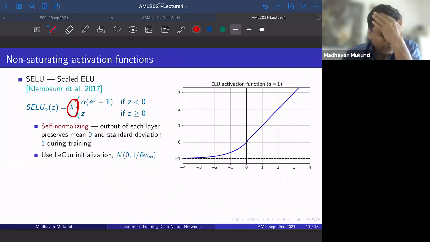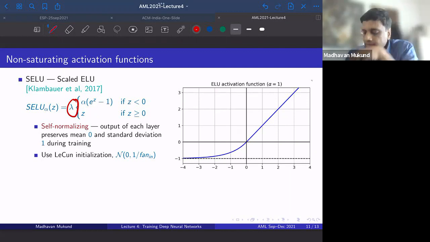Now we come to the question which was raised before, which is this normalization. The fan in, fan out normalization that we talked about earlier was only trying to preserve this variance at the beginning. After that, we could not guarantee anything about what was happening once training started.